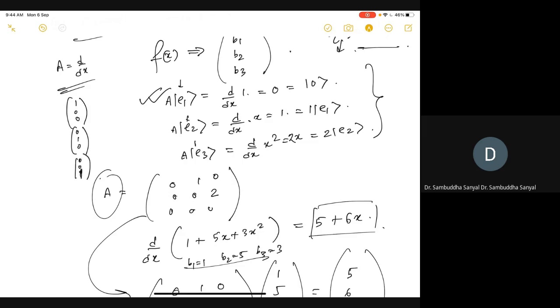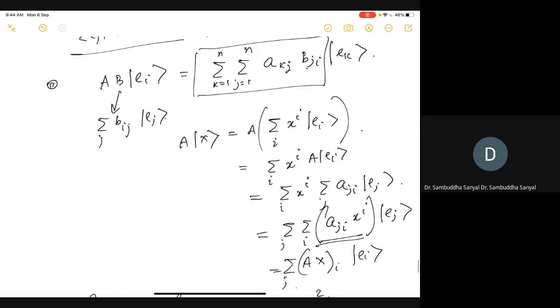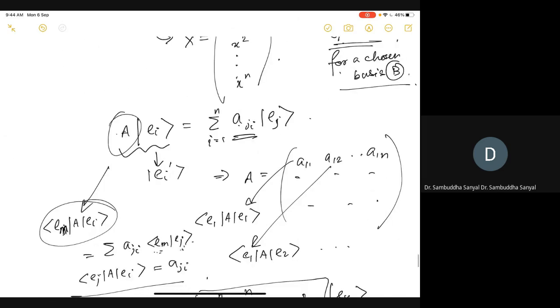Because of that choice, the matrix looks like this. But I can choose some arbitrary basis, like 1 by root 2, minus 1 by root 2, any vector and the corresponding orthogonal ones. Then this representation will not be so simple; it will be more complicated. And you can also show that this A can alternatively be written as some sum of A_ij E_i E_j.